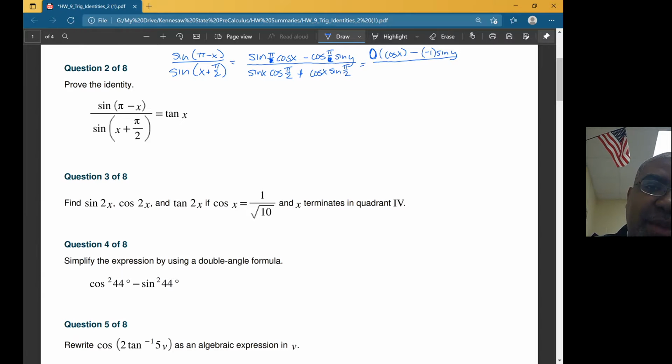Over, now we have pi over 2. Cosine of pi over 2 is 0, so we have sine of x times 0, in parentheses, plus sine of pi over 2 is 1, cosine of y times 1.